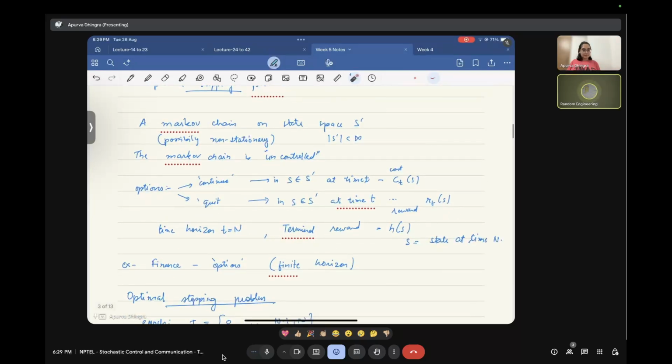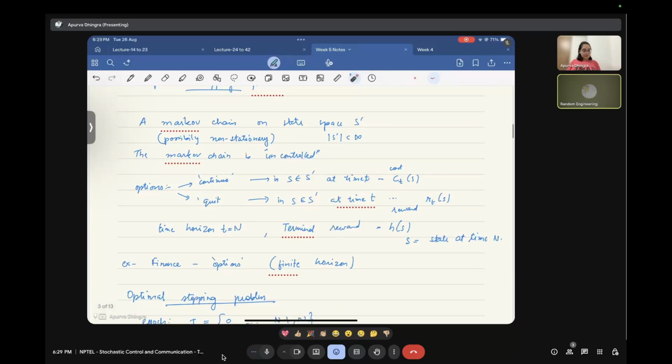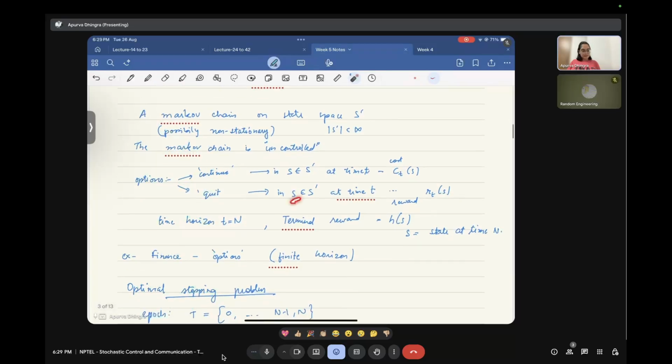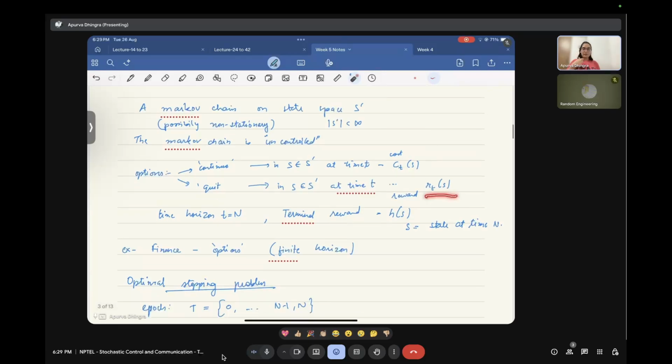Sorry, could you repeat the last one? So here I'm saying it depends on state, but in the example of trading, the reward will depend on the value at which you bought the stock and the value at which you sold it. So it's going to be just the difference of those two, the delta.